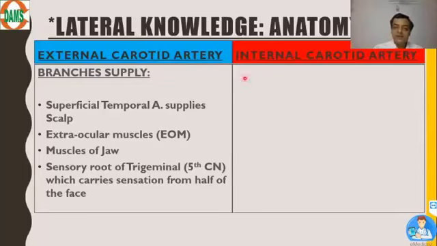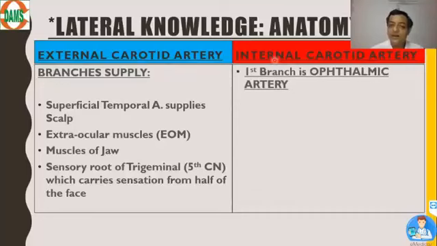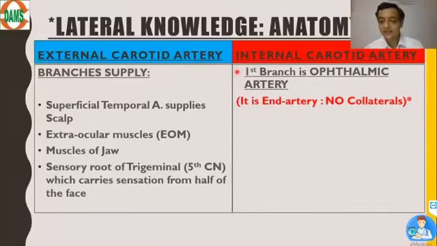On the other side, internal carotid artery. The first branch of the internal carotid artery is the ophthalmic artery. What is the ophthalmic artery? It is an example of an end artery.